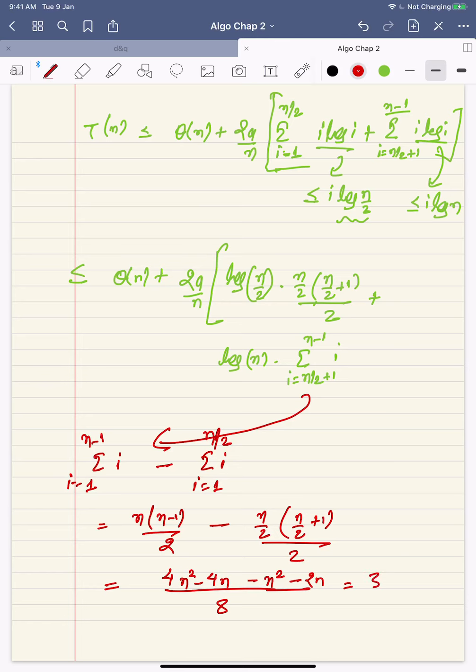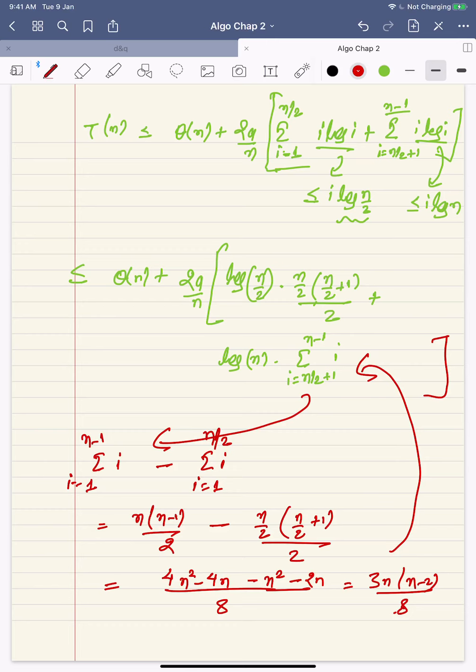So this will be 3n minus 2 divided by 8. So I am putting this back, so this will be 3n minus 2 by 8. Okay, sure.